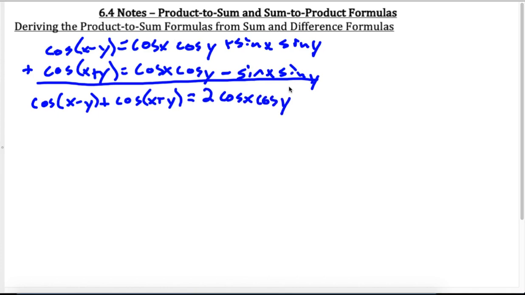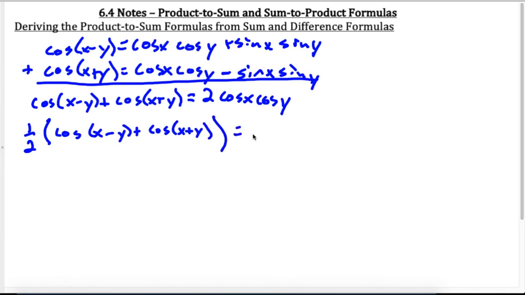All right. So then, if I just divide by 2, or we can think of it as multiplying by 1/2, right? Either way, what I end up with then is 1/2 times the cosine of x minus y plus cosine of x plus y equals cosine of x times the cosine of y.